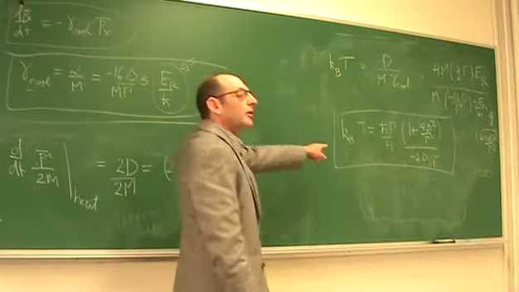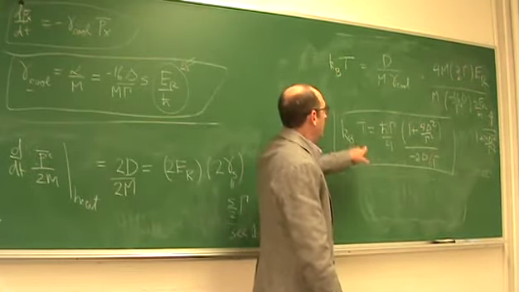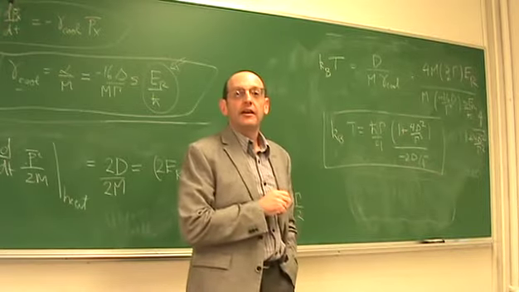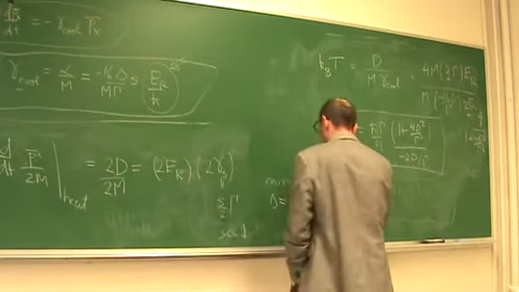So this is the equilibrium temperature, and its minimum value is achieved when the detuning is half a line width to the red, and that temperature is known as the Doppler temperature.